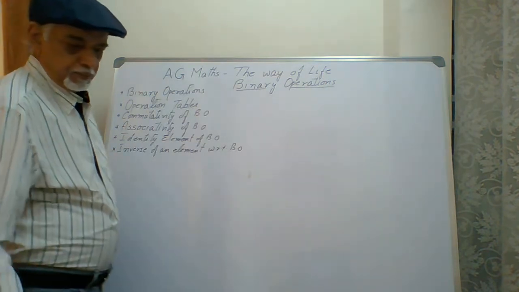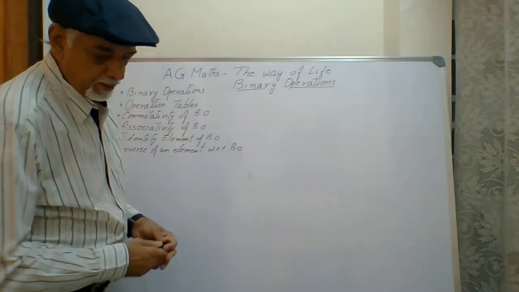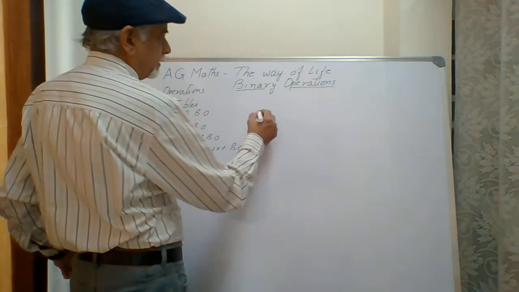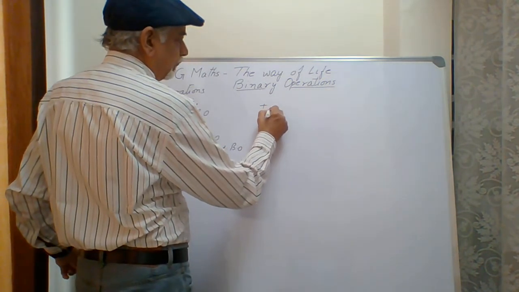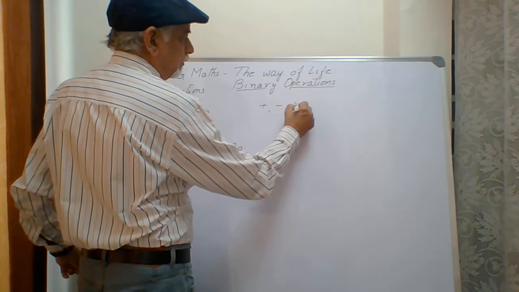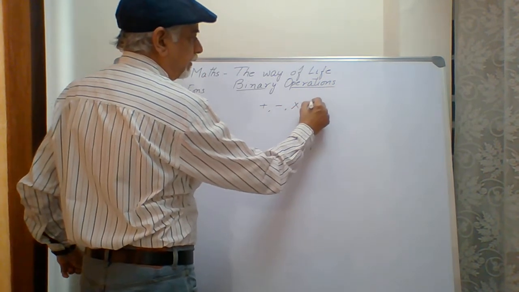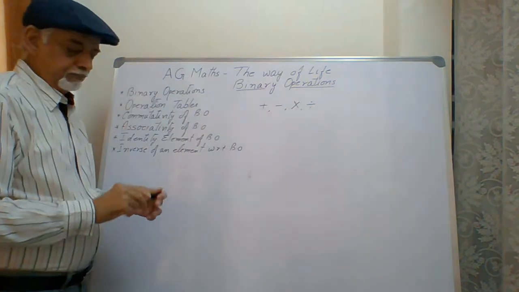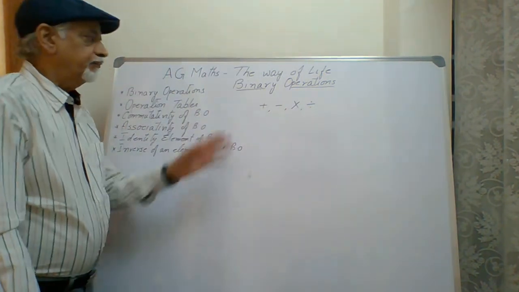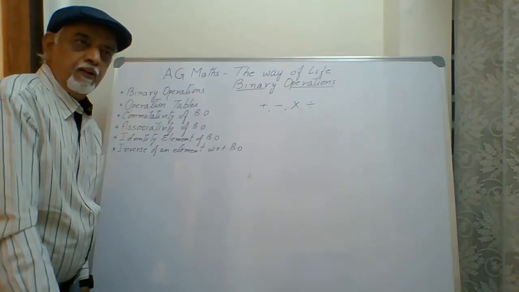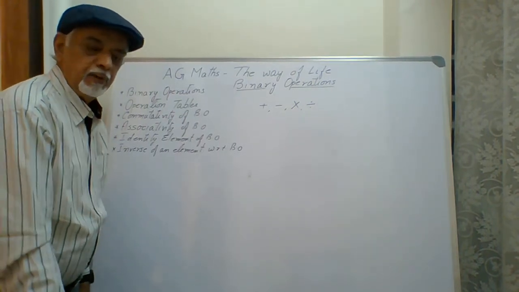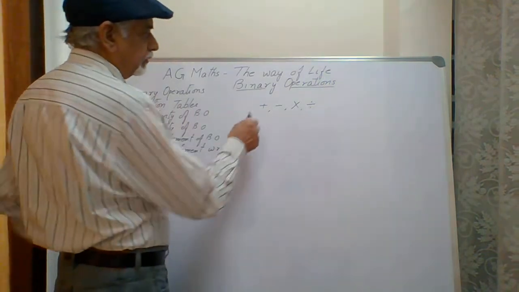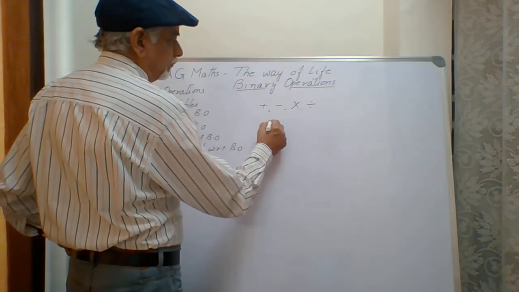So in arithmetic, the basic operations we have learned so far are addition, subtraction, multiplication and division. These are the four basic operations in arithmetic which we have learned from our very early stage of learning mathematics. So what happens in addition?